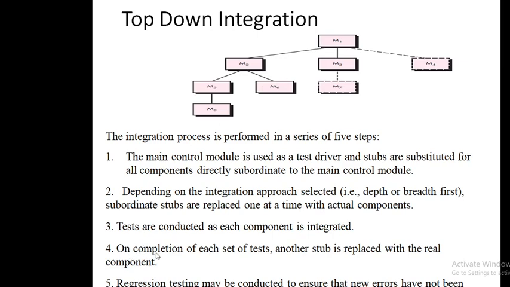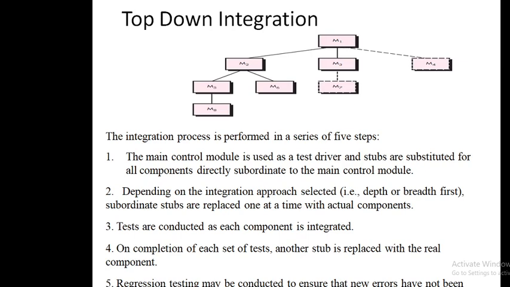Then the fourth step: on completion of each set of tests, another stub is replaced with the real component. If one set is integrated and testing is over, then another stub is ready to be integrated with the actual component. In that manner, all the components or stubs, that means subordinates, are integrated with the main component.